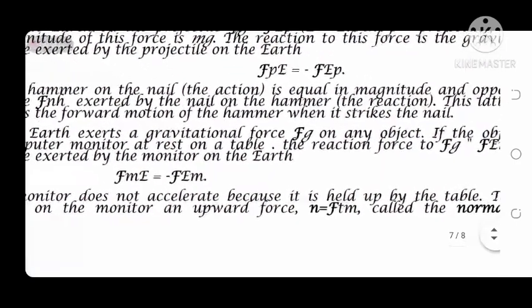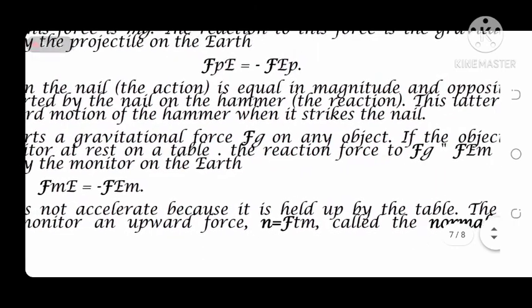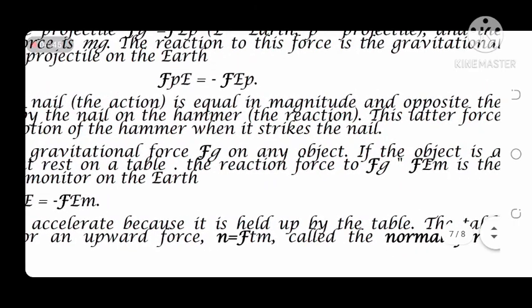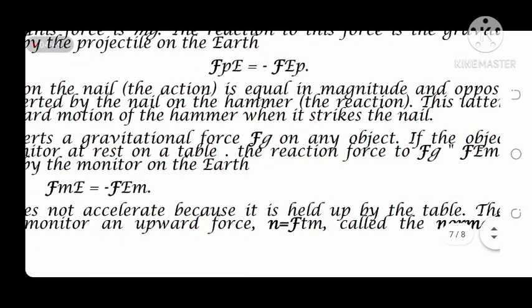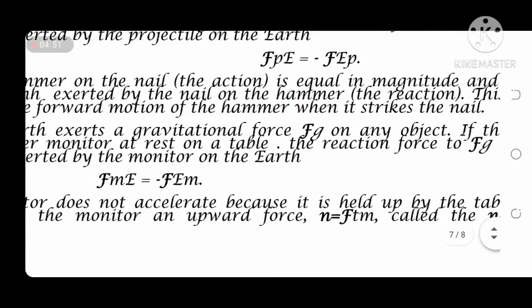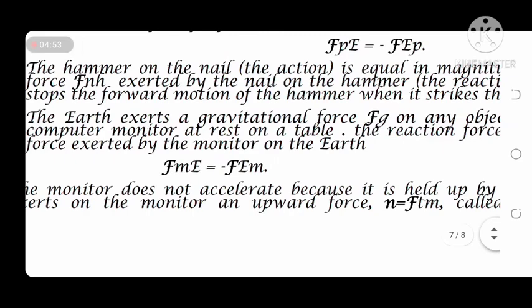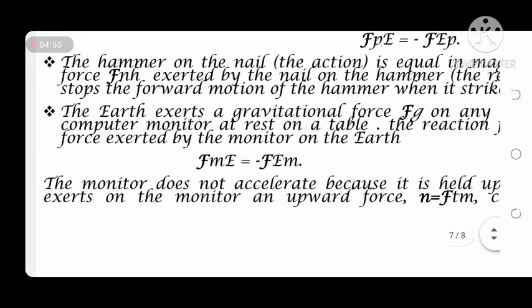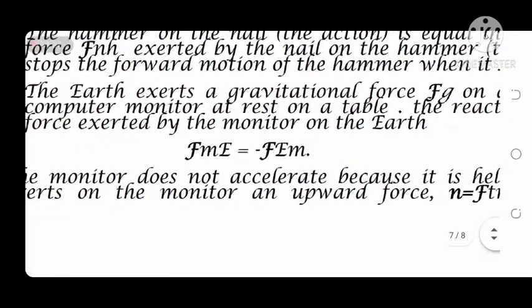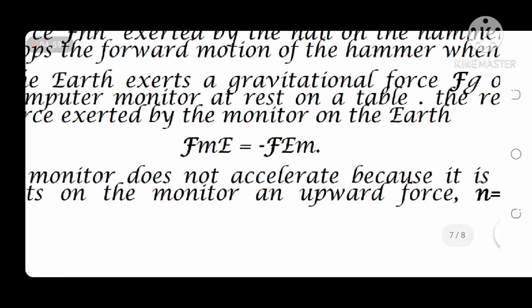The reaction force to Fg is Fme, the force exerted by the monitor on the earth, while Fem is the force of earth on the monitor. Mathematically, the same equation appears here: Fme is equal to minus Fem.